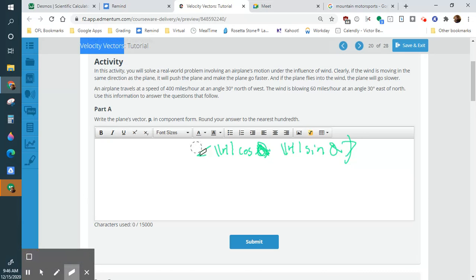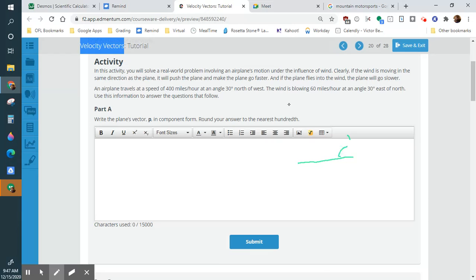Let's see what information they're giving us here. An airplane is traveling at 400, 30 degrees north of west. So west again is this, 30 degrees north of west.